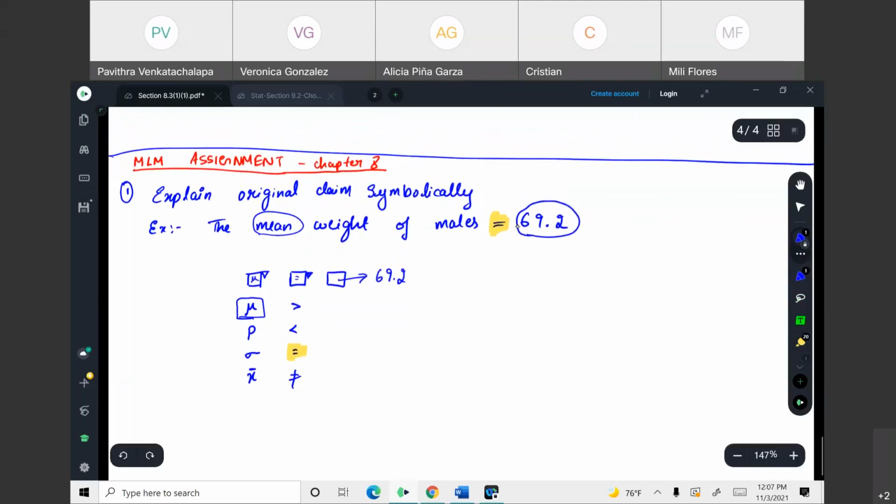So in first question, you have two sub questions. This is that part A, and for part B, it is just to identify null and alternative hypothesis. You know how to do that. Okay.